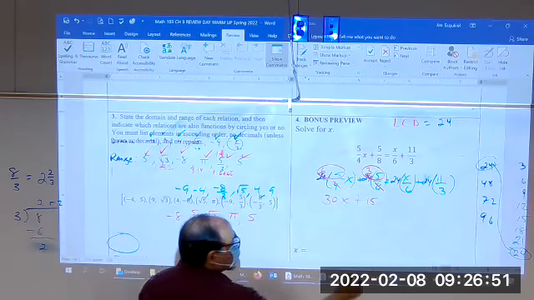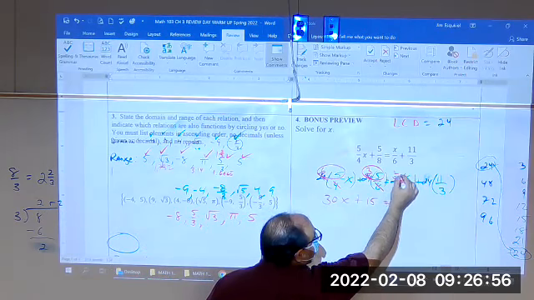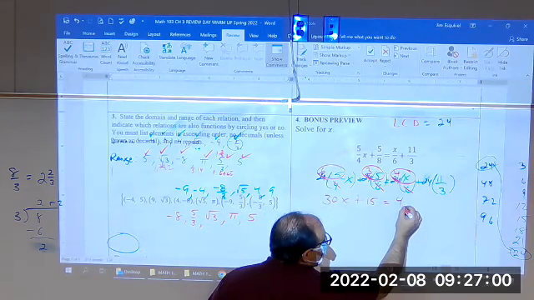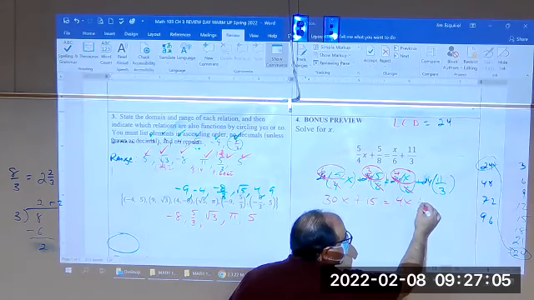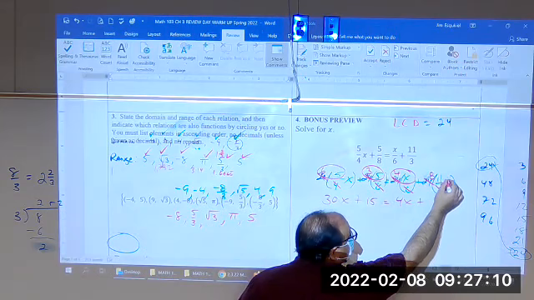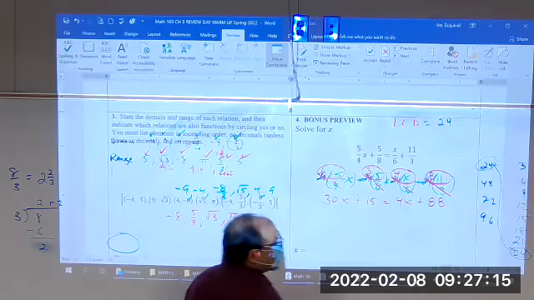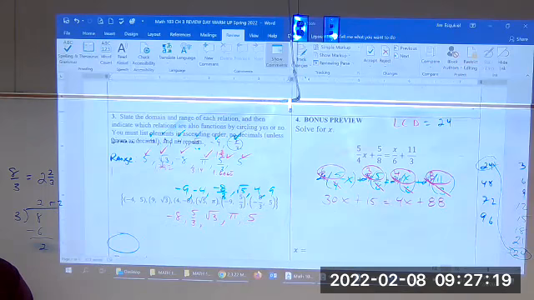Equals, 6 goes into 24 4 times. You're left with 4 times x, 4x. No more fraction there. Plus, 3 goes into 24 8 times. You're left with 8 times 11. That's 88. No more fractions.